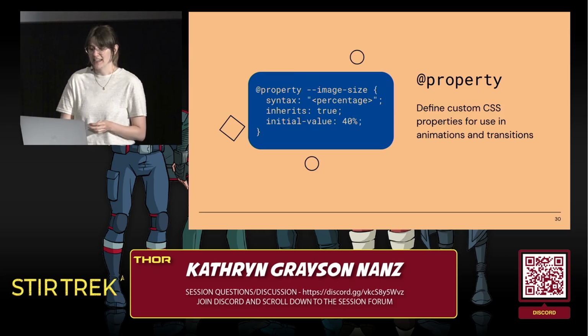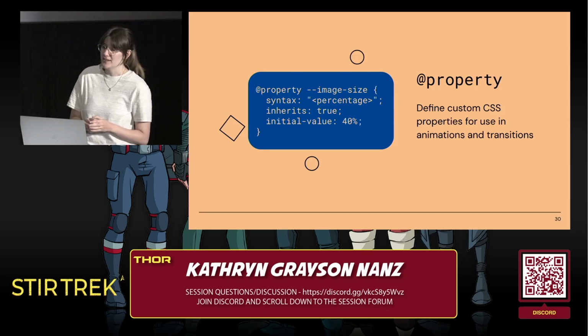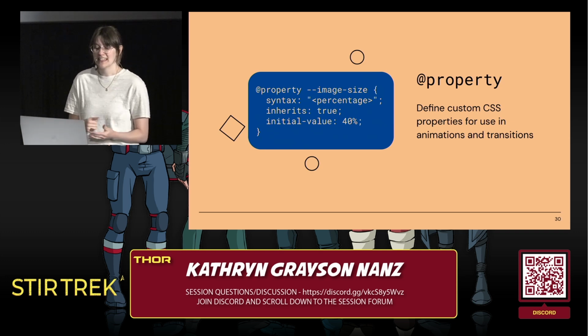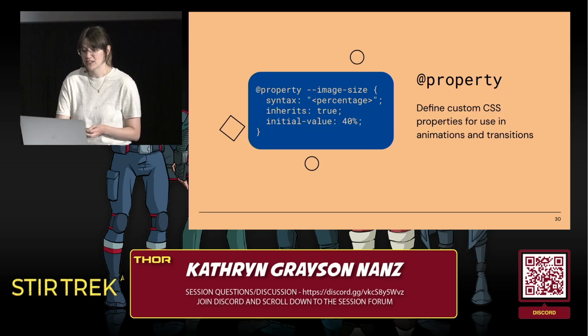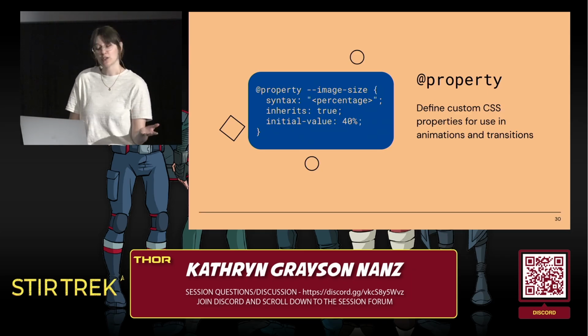Here we are defining a custom CSS property called image size. That syntax descriptor there in that I guess second line is important because it's telling our rendering processor how to interpret the property. If that's left out or invalid, it's not going to work. But we can choose from options like color or string or number or percentage like here.